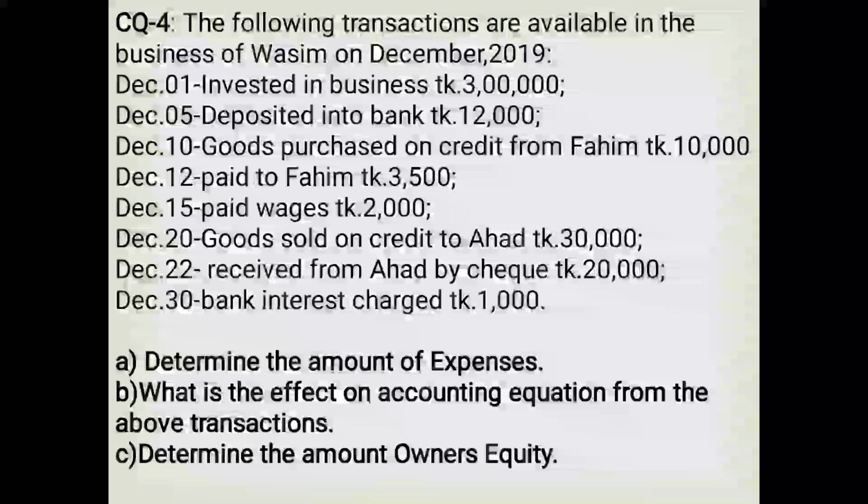December 15, paid wages. December 20, goods sold on credit to Ahad. December 22, received from Ahad by check. December 30, bank interest charged. Requirement A, determine the amount of expenses. B, what is the effect on the accounting equation from the above transactions? C, determine the amount of owner's equity.